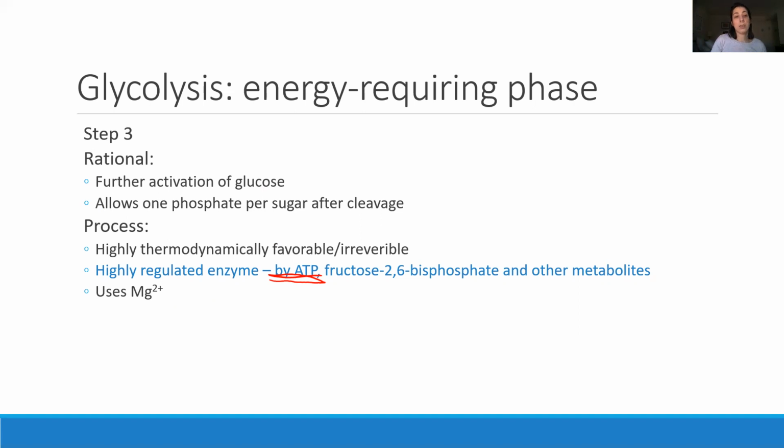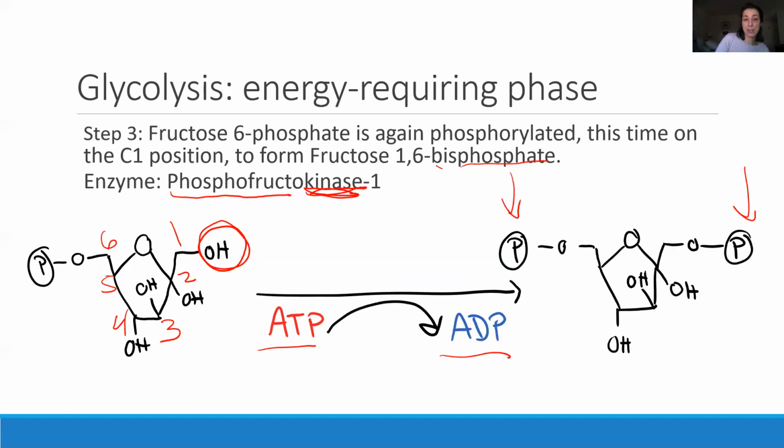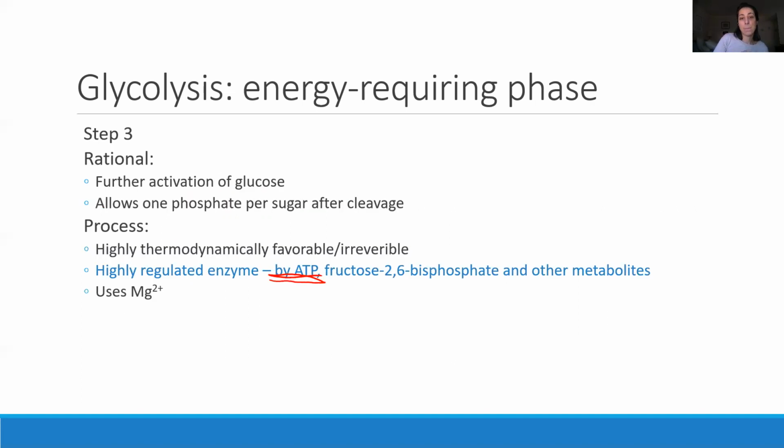Some other inhibitory molecules. Fructose 2,6-bisphosphate, which is slightly different than what we're using, fructose 1,6-bisphosphate, is also a molecule that acts as an inhibitory molecule.